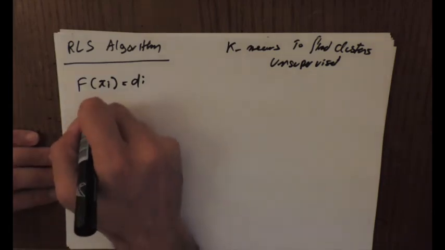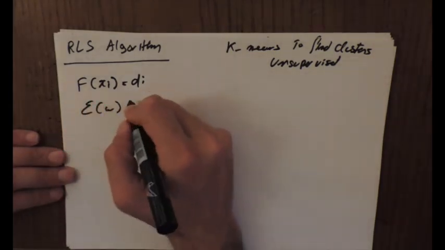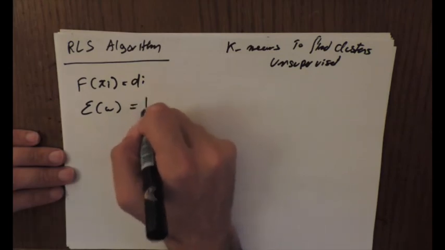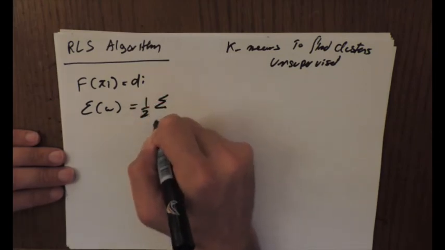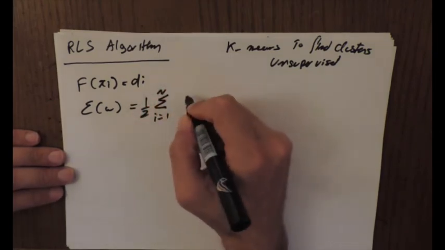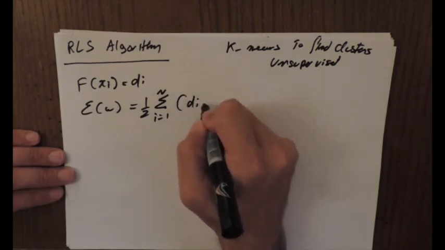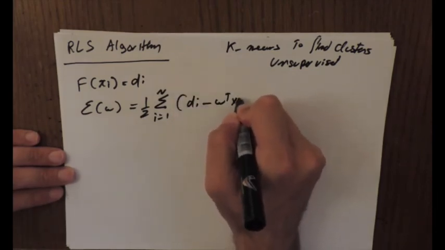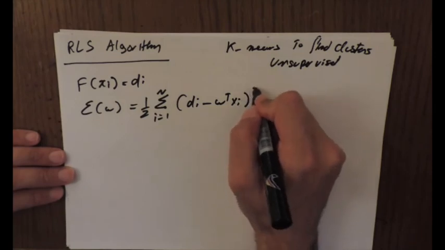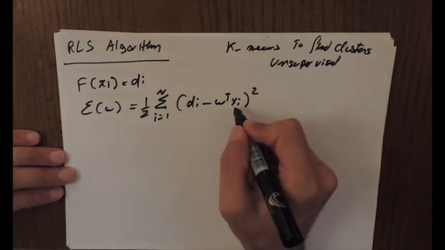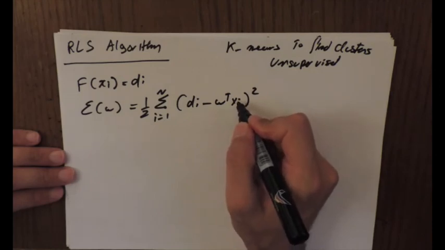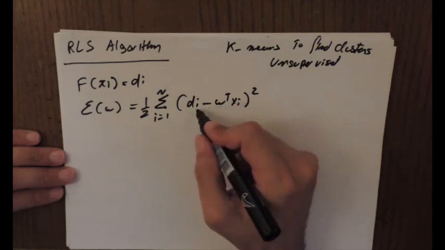And remember the error previously, the instantaneous error, from 1 to n, we want to minimize the distance between the output that we have from the output layer and the desired one.